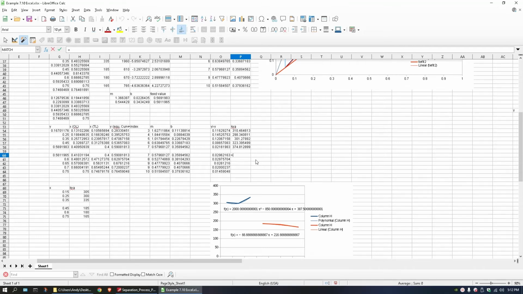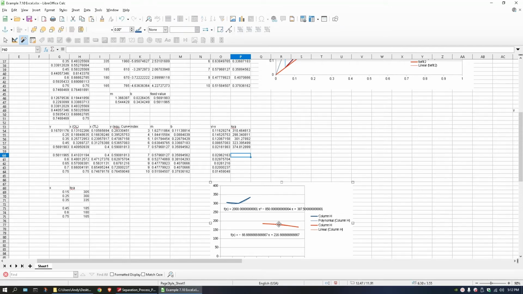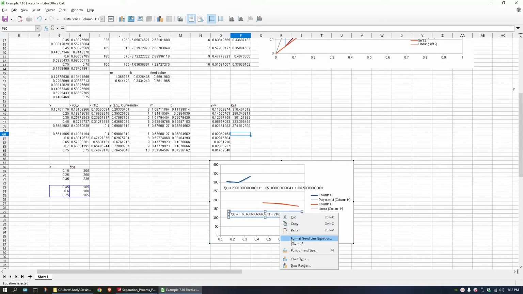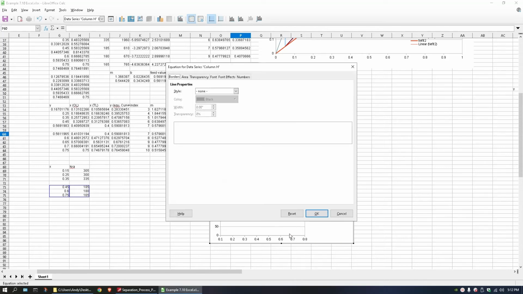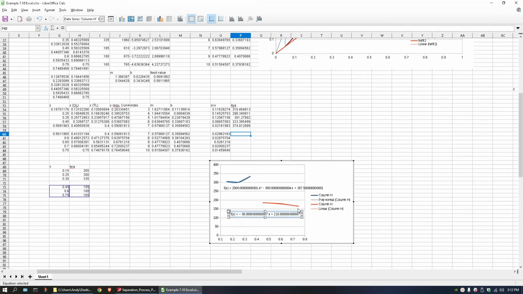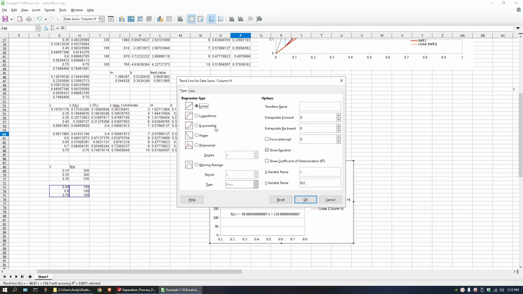So for here, we have a value of negative 66.6667 times our x. Oh, that did a linear interpolation. That is why it's so weird. So the type is on linear. I should have done a polynomial.